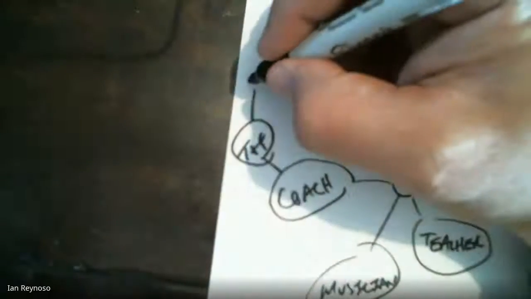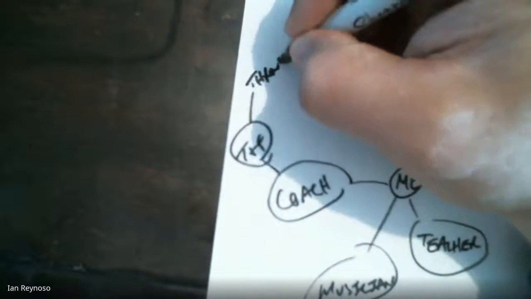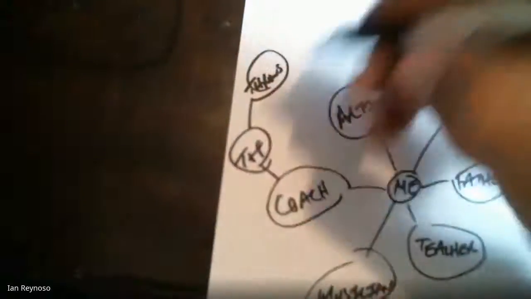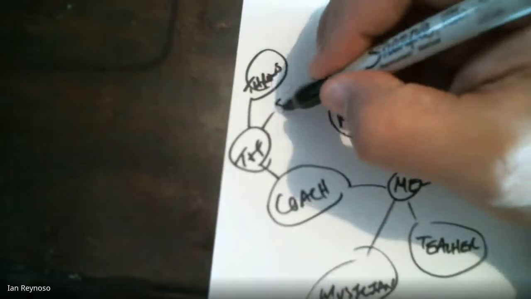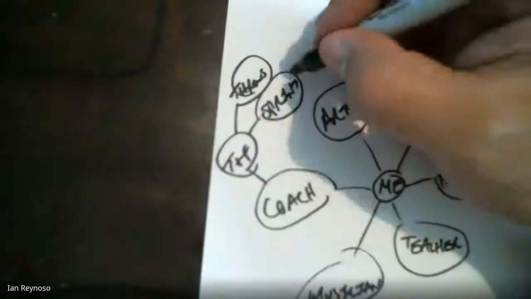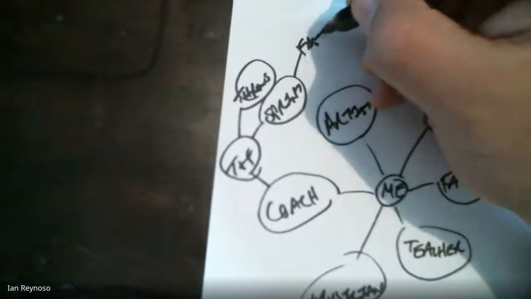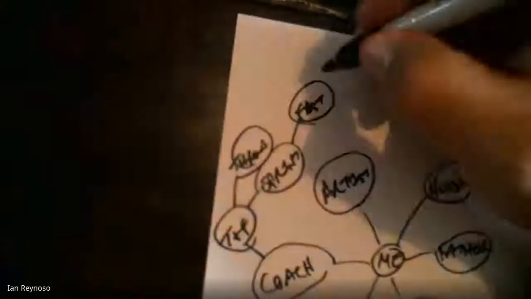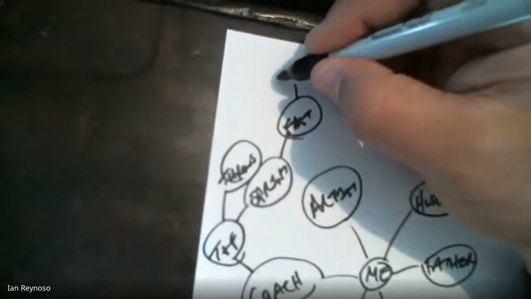And then off track and field, I'll go to, let's see, throws. What other things associate with track and field? Sprint. A word that I associate with sprint, fast. A word that I associate with fast, rabbit.